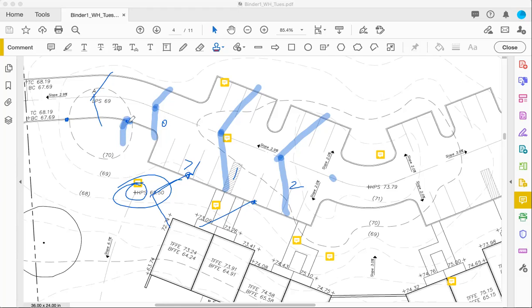So no, you probably don't even need an HPS here. You don't. Your contours would likely just look like that. Kind of makes sense. So don't identify a spot elevation yet, because you're still not working on a concept.